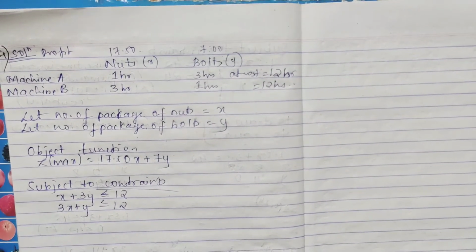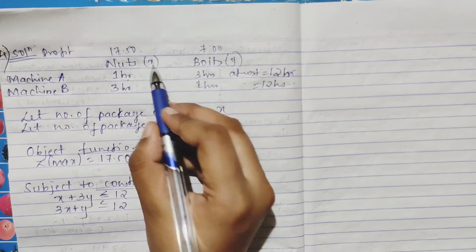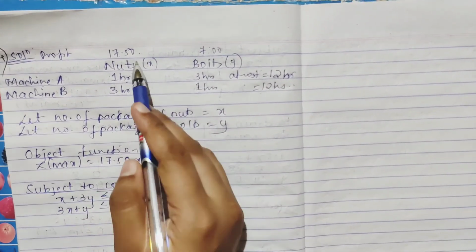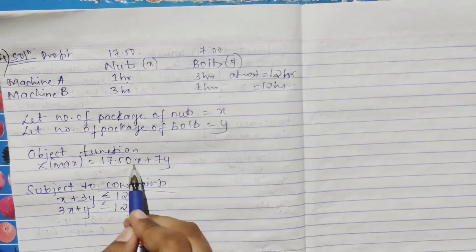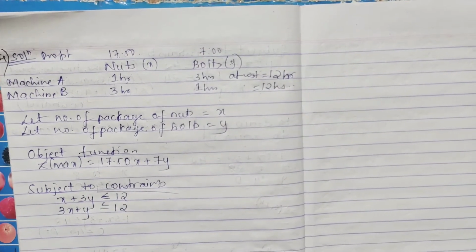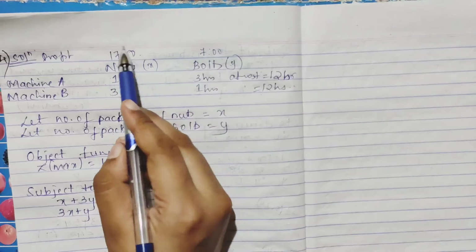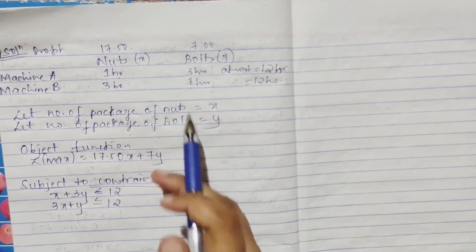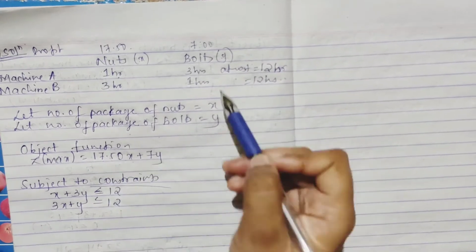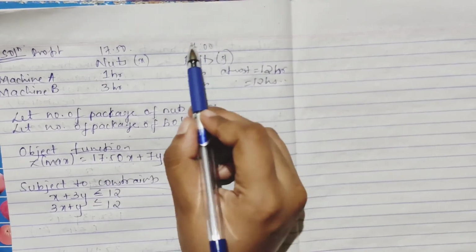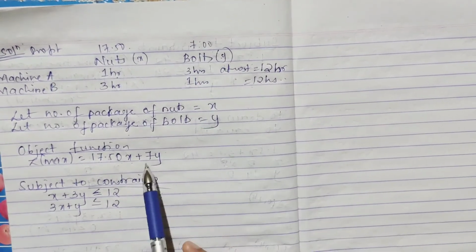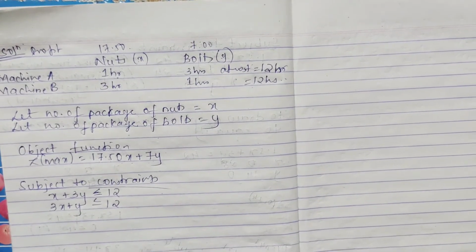So it will be 1 into X, 3 into Y. Your objective function will be max 17.50 into X plus 7 into Y, since for X packages they take 17.50 into X profit, and for Y packages 7 into Y.